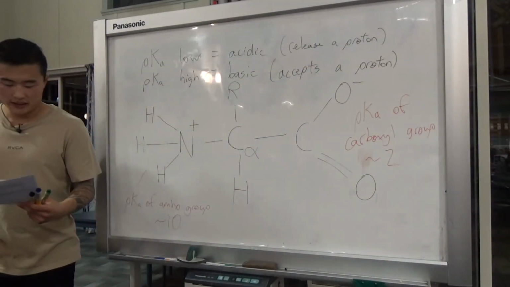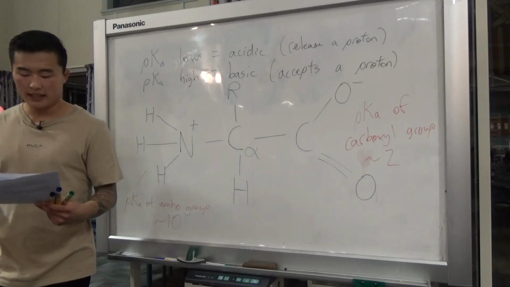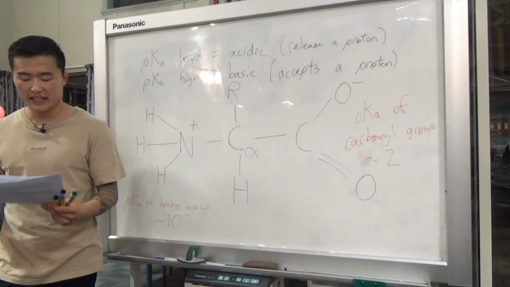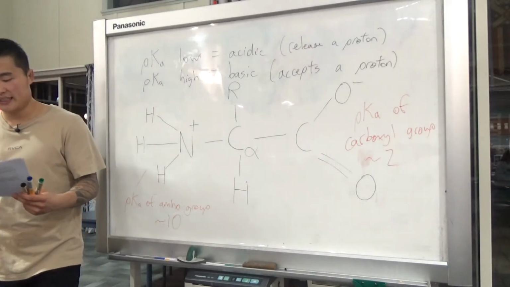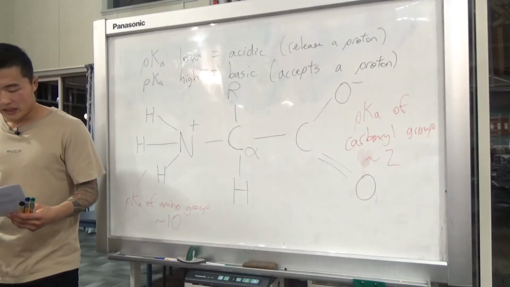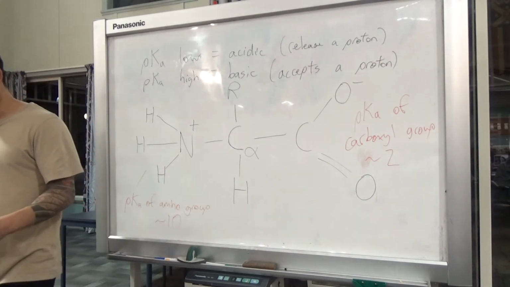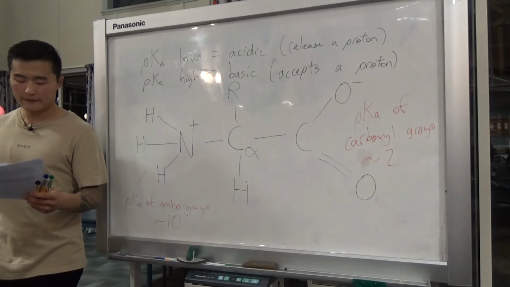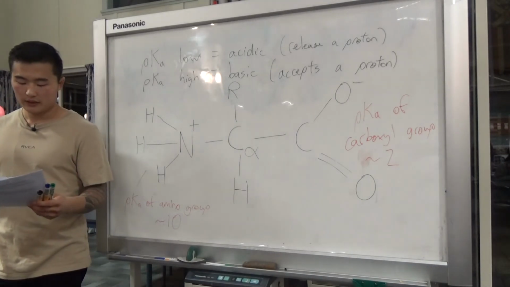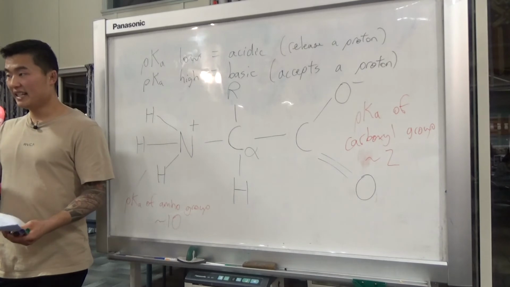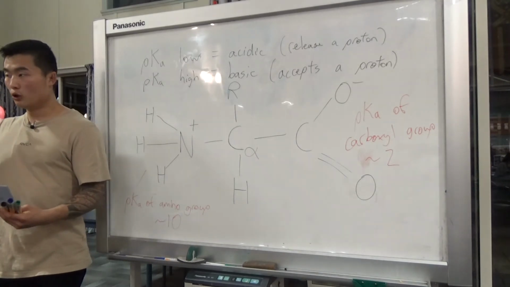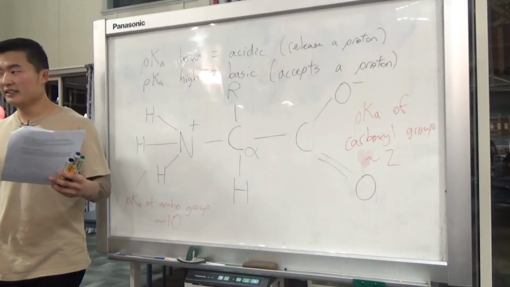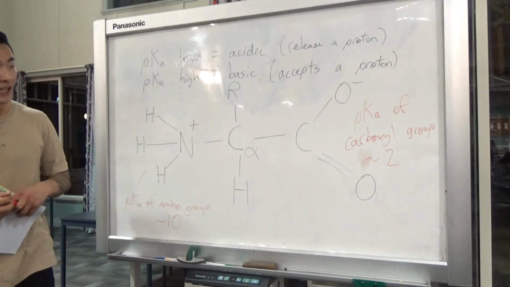So going over the bullet points, the pKa is specific for an ionizable group and tells us the pH at which half of the groups will be protonated and the other half of the groups will be deprotonated. If the pH is lower than the pKa of the molecule, then most of the molecules will be protonated. Okay? So remember that if the pH is low, there's more protons around. And if there's more protons around, it means that it's more likely.